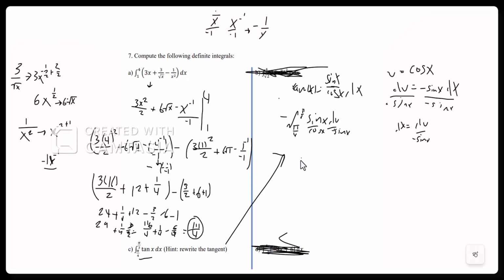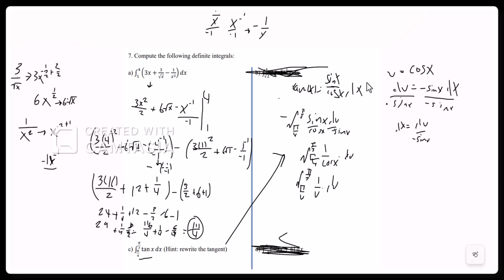So now it's just going to be the integral of, we got to keep the intervals here, and we'll find that it's going to be 1 over cosine x times du. And this could be rewritten by this over here, 1 over u times du.